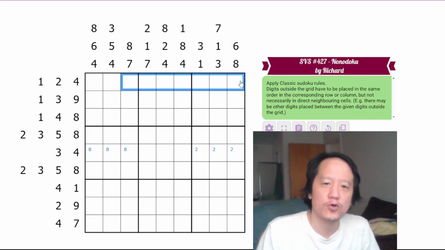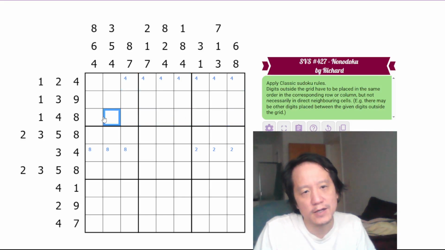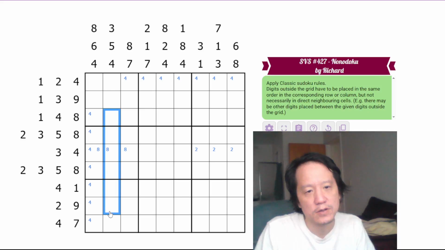Where can 4 be in row 1? 4 can be here in row 1. And it cannot be here in columns 1 or 2. But it could be here or here.